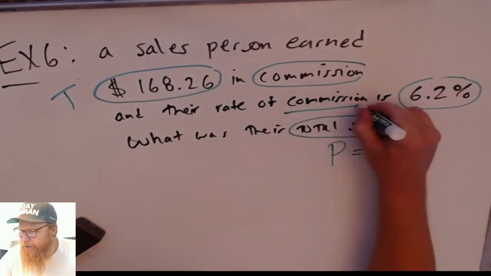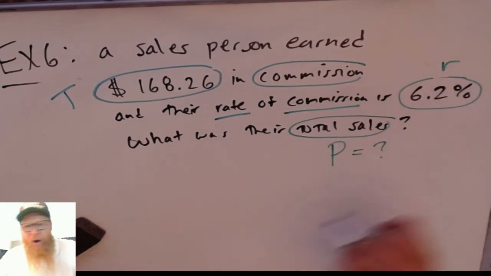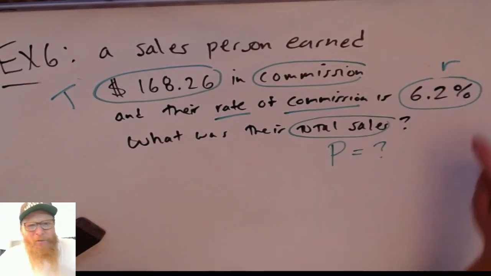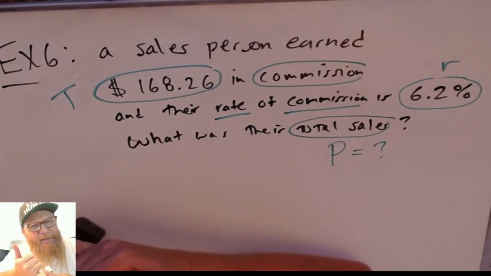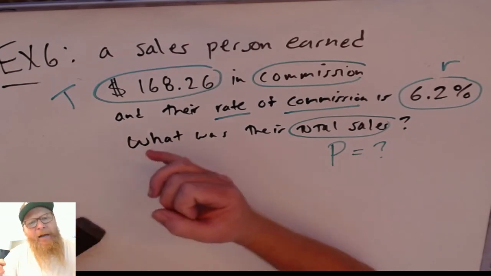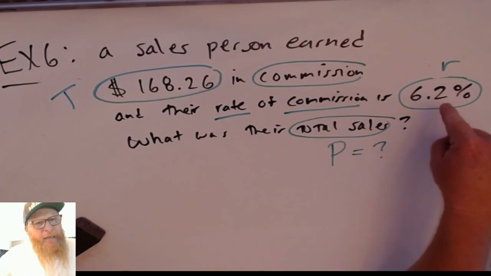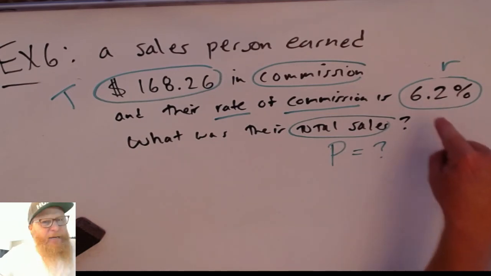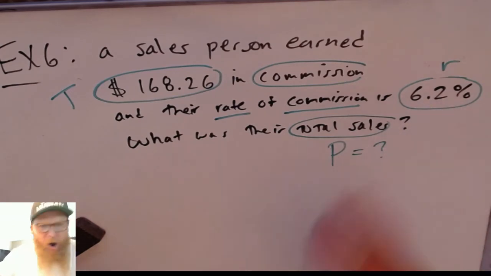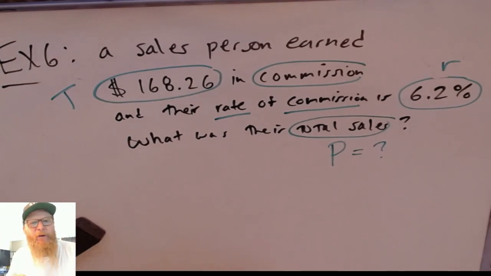And what's my commission rate? I like to use R. I'm also going to be using R for rate in the next section, 6.4. And you're also going to see R for rate in beginning, intermediate, and college level algebra. R is the standard variable used for rate.